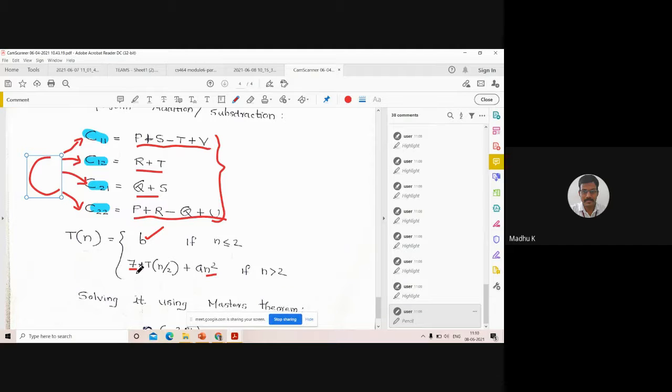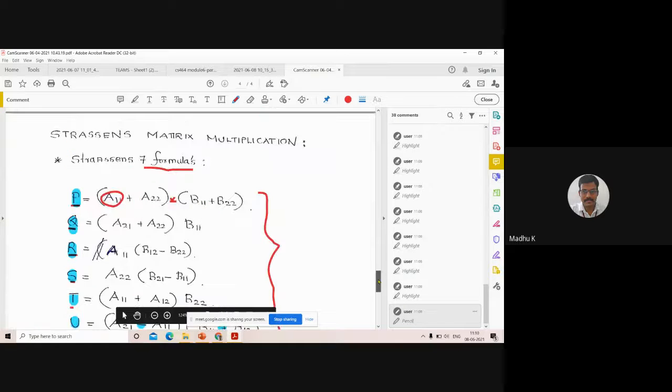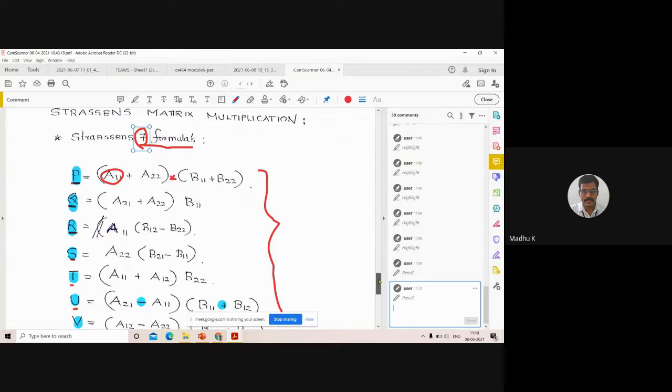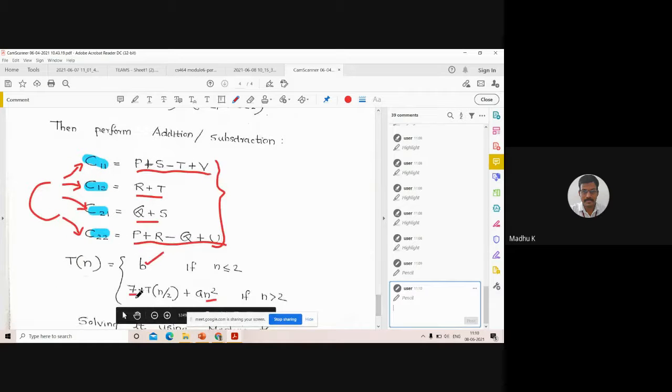You can note here what 7 is: there are 7 formulas. So solving those 7 formulas, we need this time, 7 into T of n by 2 plus n square. N square is the time for addition or subtraction.